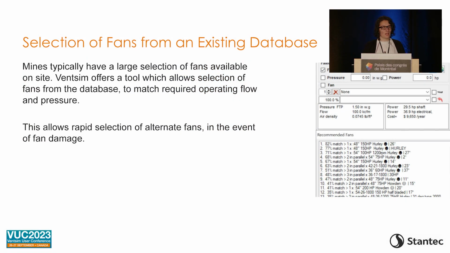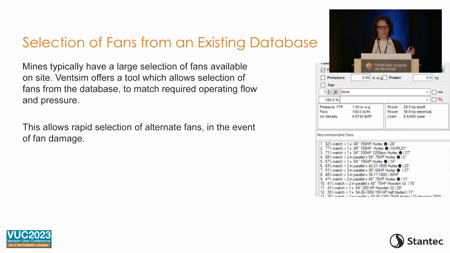Secondly, I wanted to touch on making sure that we have a fan database built into our ventilation model. This helps us, in a pinch, when a fan has gone down and we've got a few other fans that we can use.